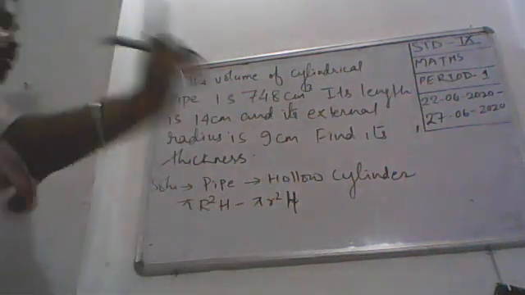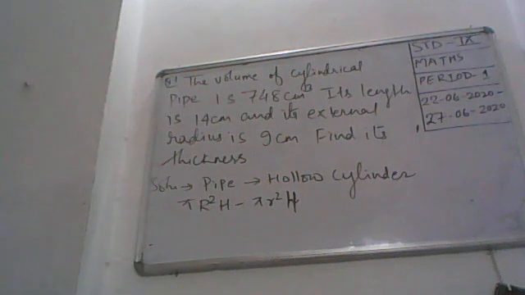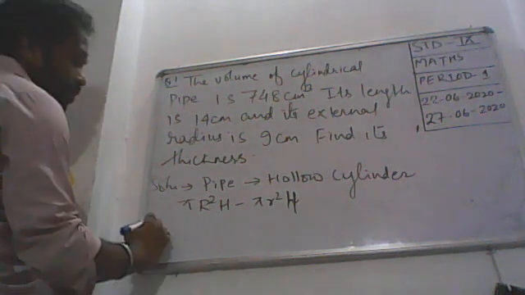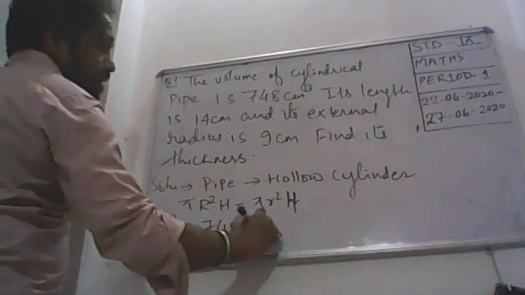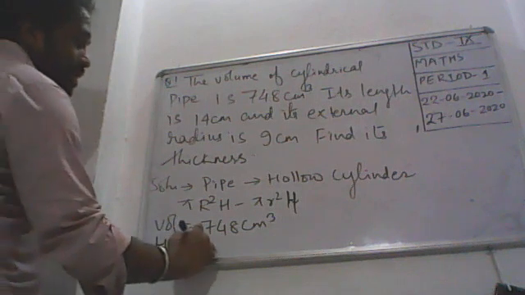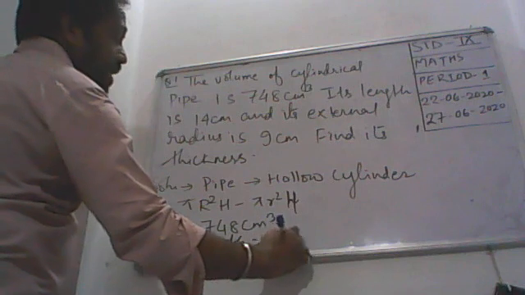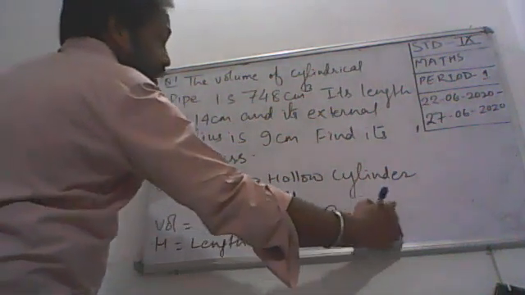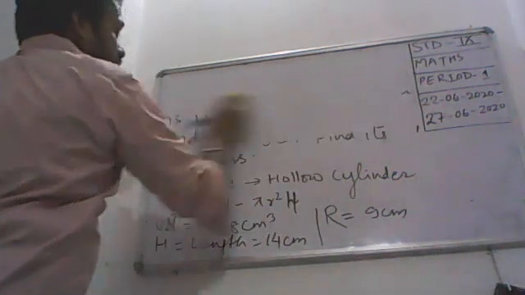Let me write down the information also. Volume is given as 748 centimeter cube. Height, that is length, is 14 centimeter. And big R, the external radius, is 9 centimeter. So this is the information.